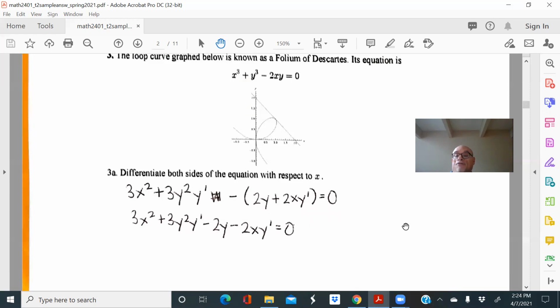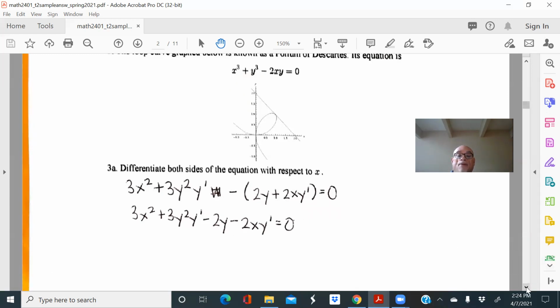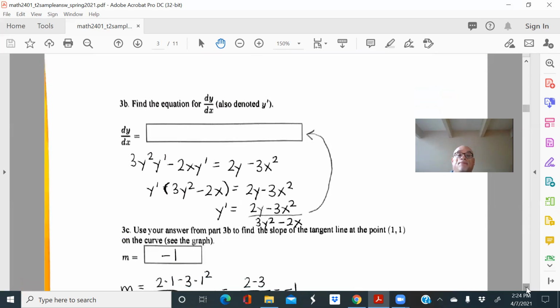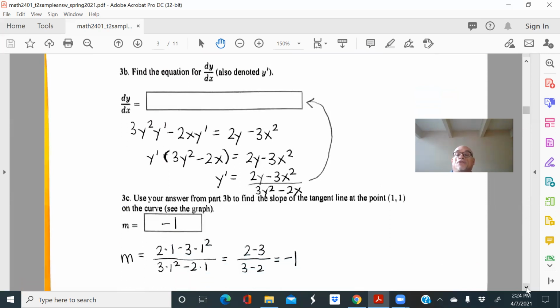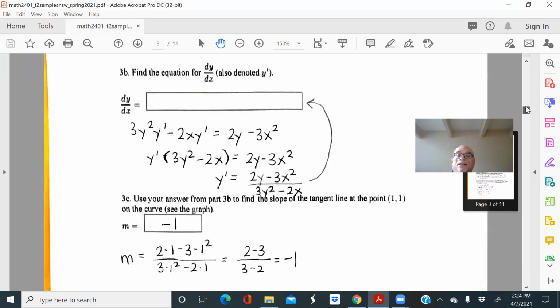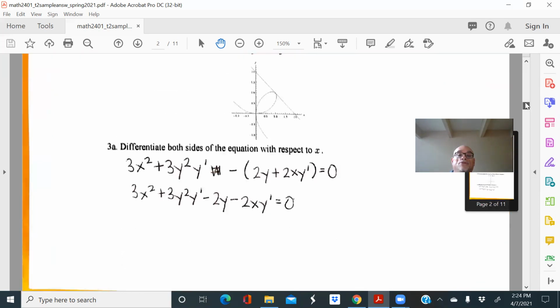So how do I solve this equation for y prime? Well, we practiced that now several times in class, right? Remember, you're going to separate terms. You are going to keep the y prime terms, the terms that have y prime in them. That's these two terms, right? I'm going to leave them on the left-hand side of the equation.